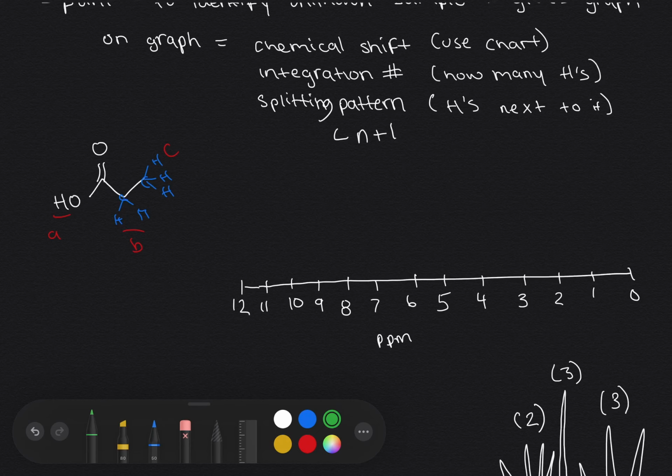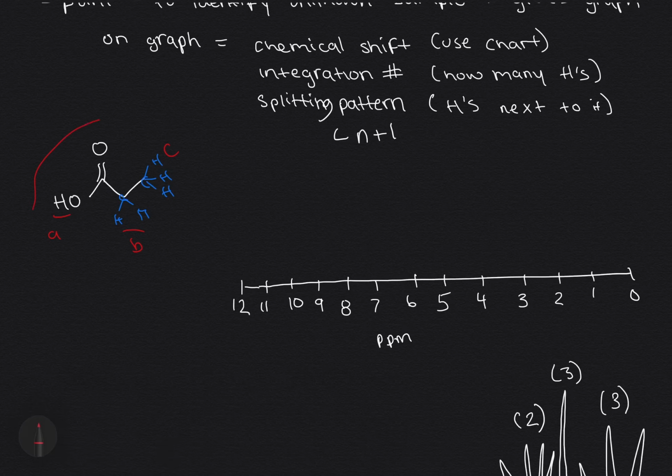So let's just start with peak A. Let's go ahead and write out everything we know. So in looking at this peak A, you have to recognize the functional groups first. We can see that this whole functional group here is a carboxylic acid functional group.